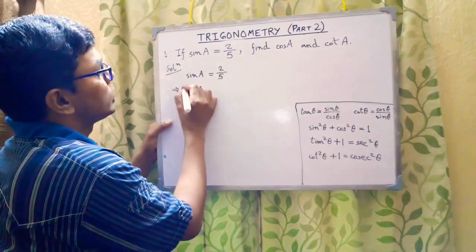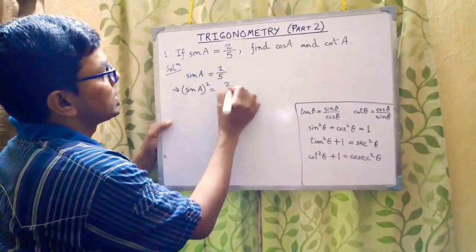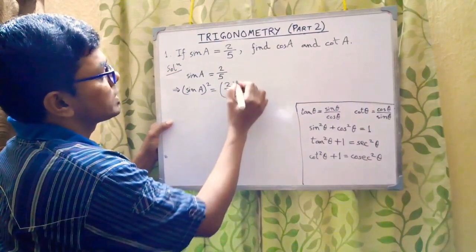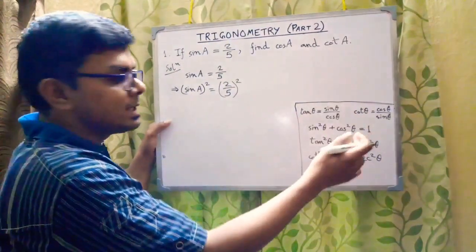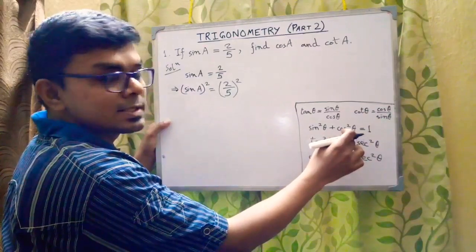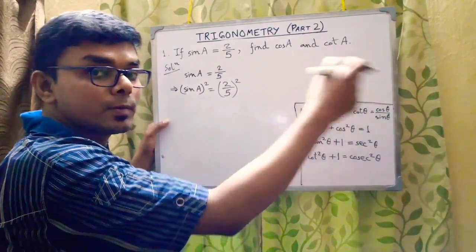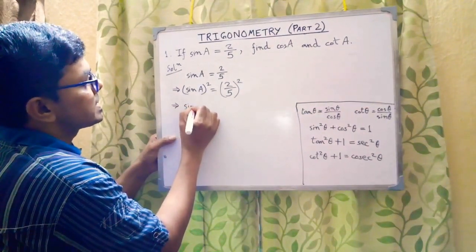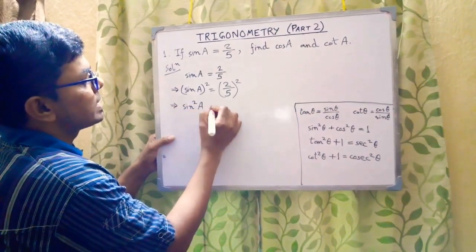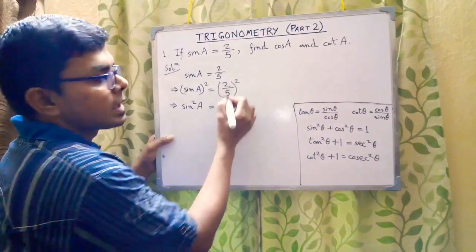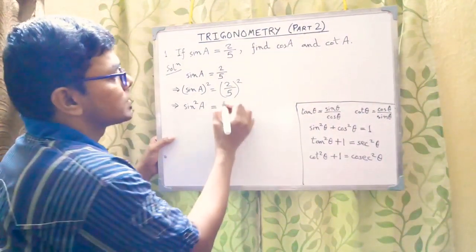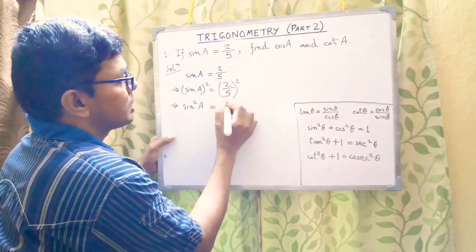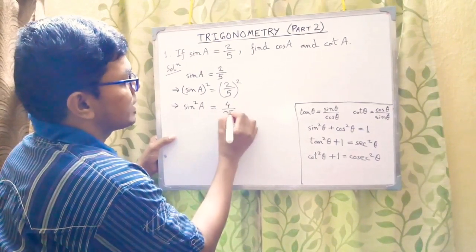That is sin A whole squared equals 2 by 5 whole square. Now why are we squaring both sides? Because we need a square to get this cos square, and finally from that cos square we will get cos. So this is actually sin square A. That equals, now it is 2 by 5 whole square, so it is 4 by 25.